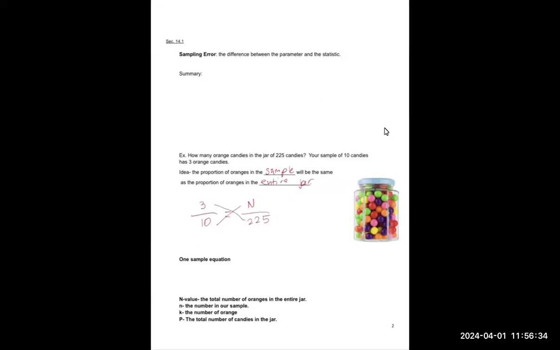And then we get 3 times 225 is equal to 10 times n.